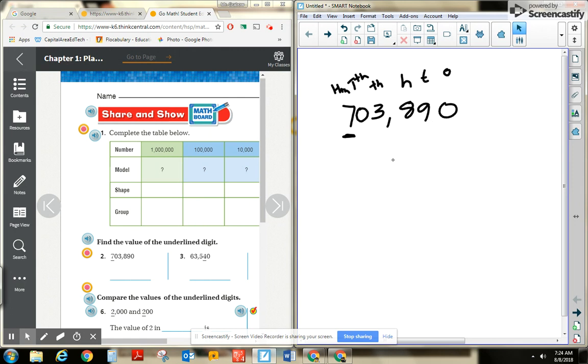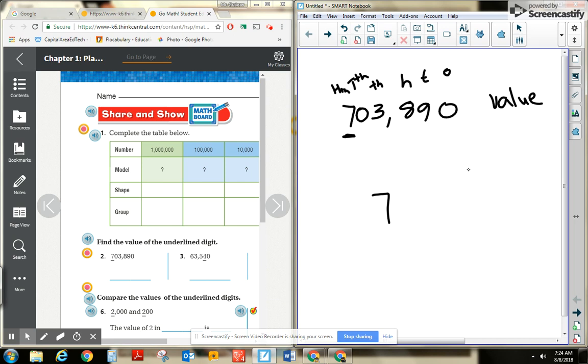Now, sometimes when we're writing the value of a number, kids get a little bit confused. They'll write down 7. And you're right, we are looking at the digit 7, but this does not represent 7 ones. That is not what that number is meaning in 703,890.